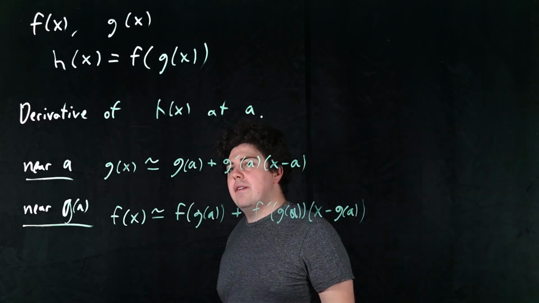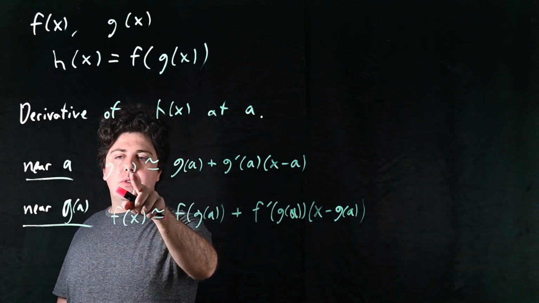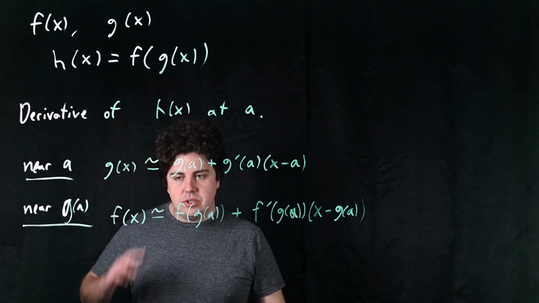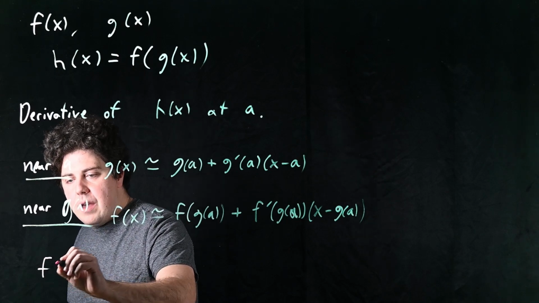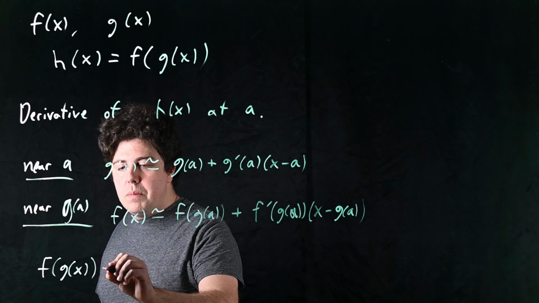Right? So we have these two tangent lines. We have that g of x looks like this, and near g of a, we have that f of x looks like this. So now, if we take f of g of x, well, what's that going to be?